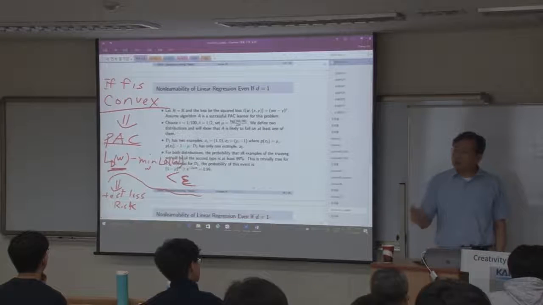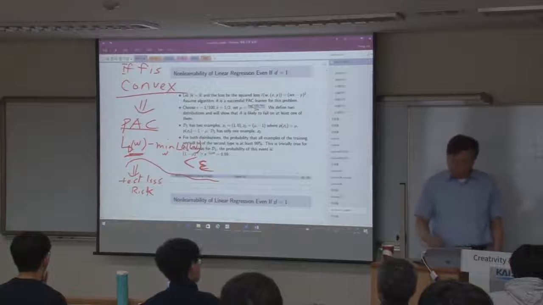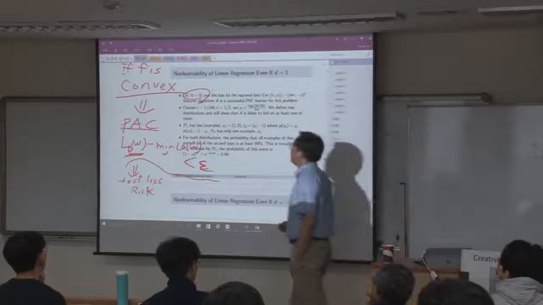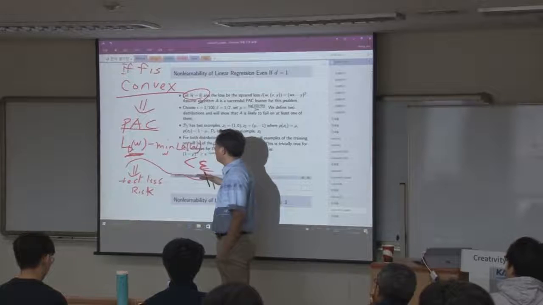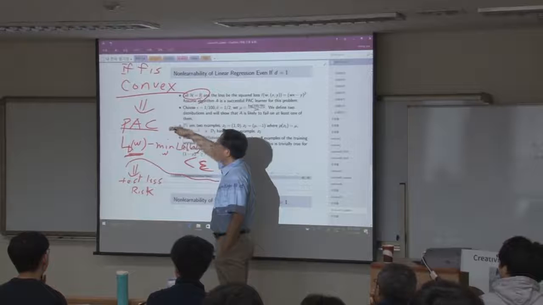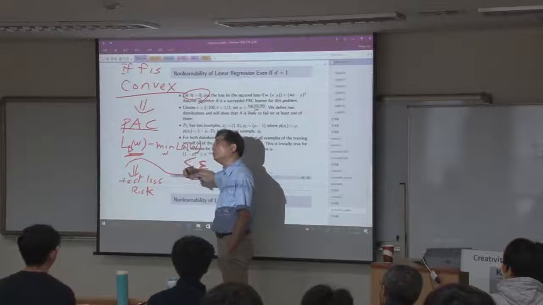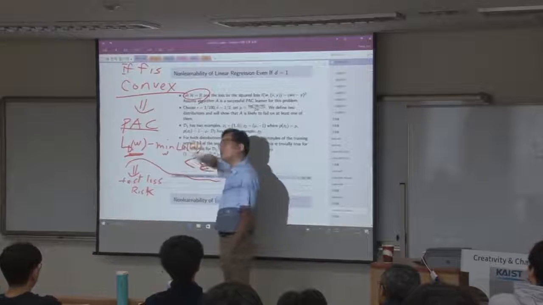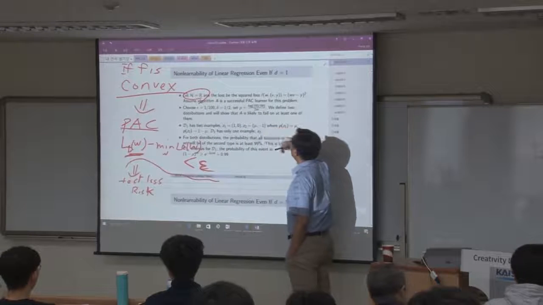Now, this is an example that was given. I'm going to go quickly. Here it is. You tell me why this is not PAC learnable. Tell me what needs to be corrected. So H is all reals.